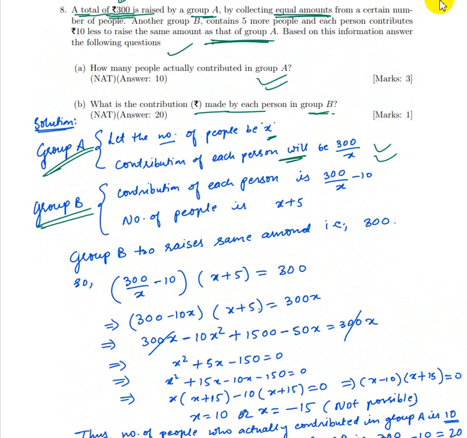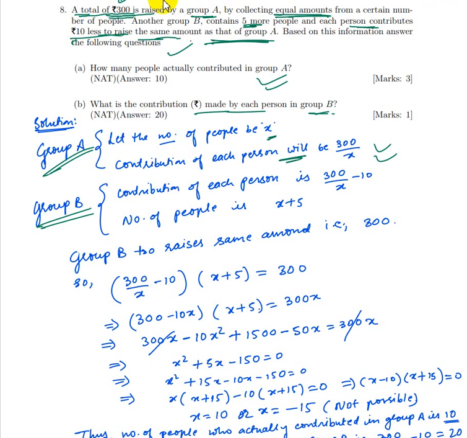Taking the case of group B, the contribution of each person is 300 upon x minus 10. Why has this happened? Group B contains 5 more people, and each person contributes 10 rupees less.